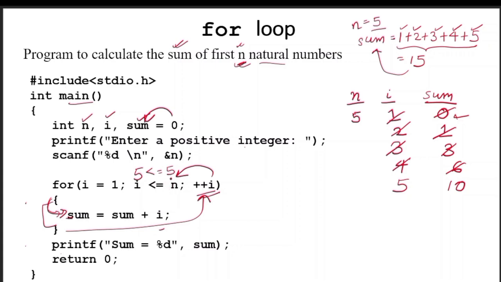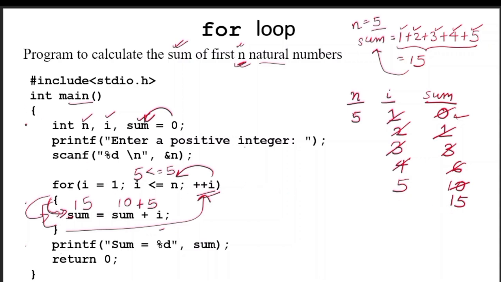Condition is true. If the condition is true, we are going to enter the body of the for loop. Sum is equal to sum plus I. Value of sum is 10. I is 5. And so 10 plus 5, 15 is assigned to sum. So now your sum value stores 15.